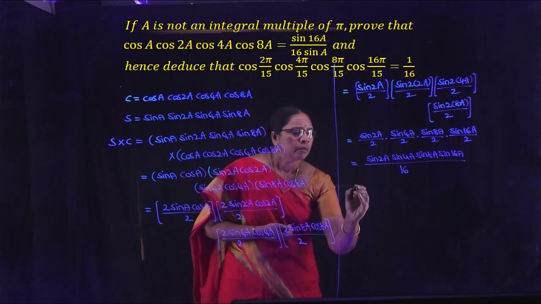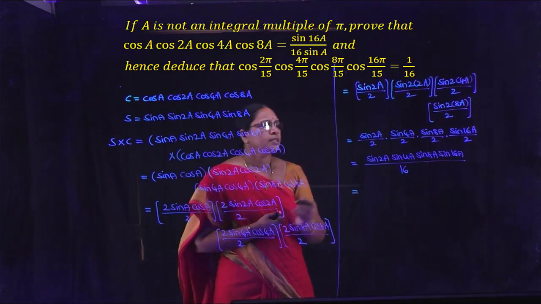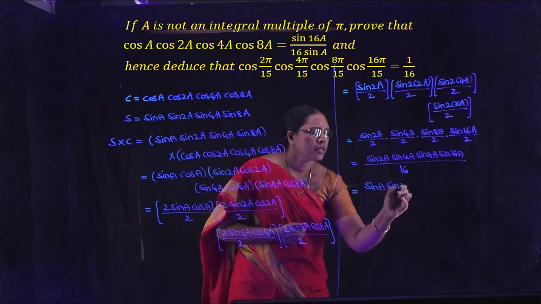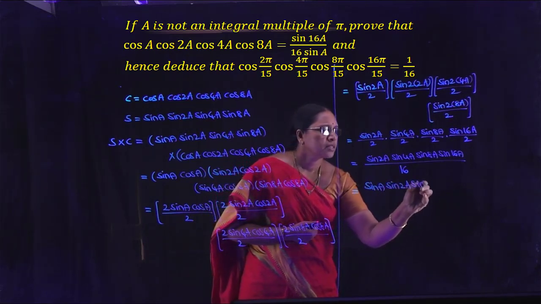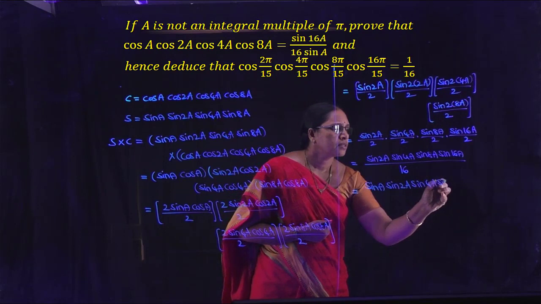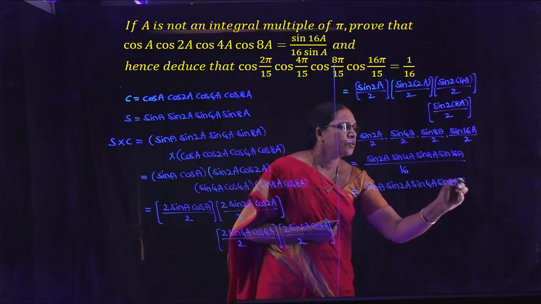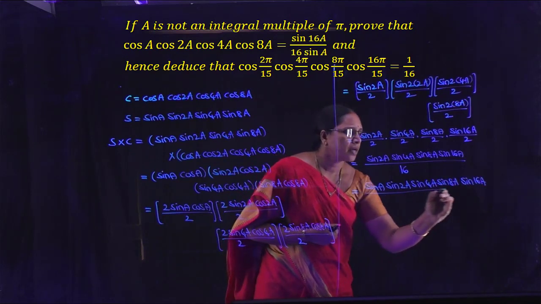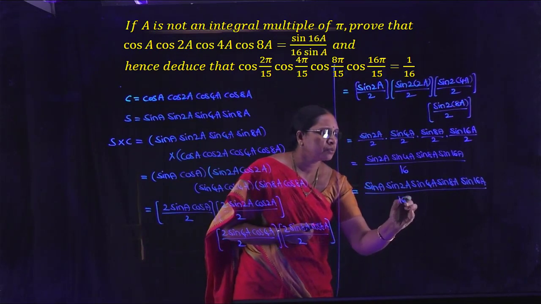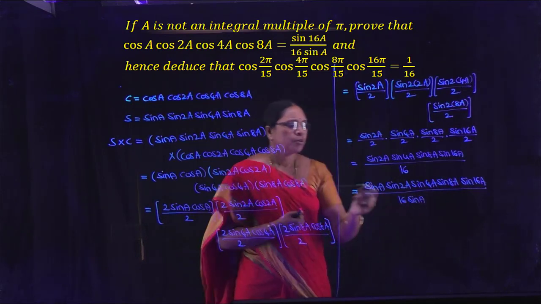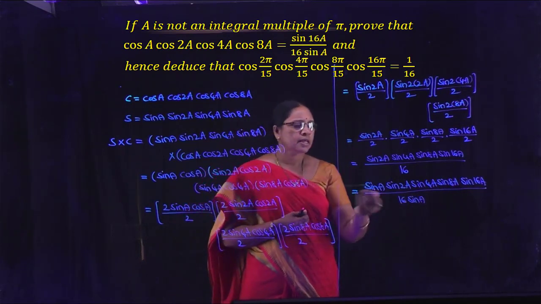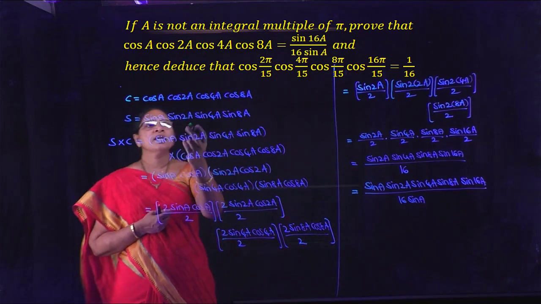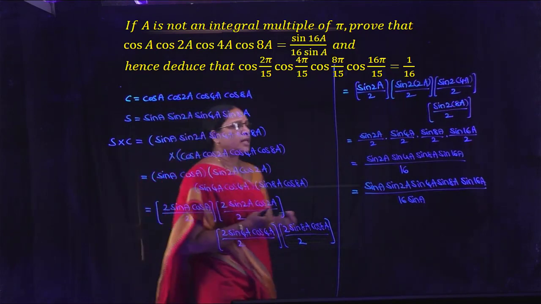Here multiply and divide with sin A. Sin A, sin 2A, sin 4A, sin 8A into sin 16A whole divided by 16 into sin A. Here we know that S is sin A, sin 2A, sin 4A, sin 8A.